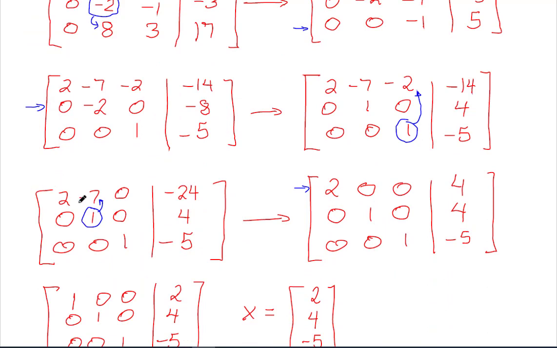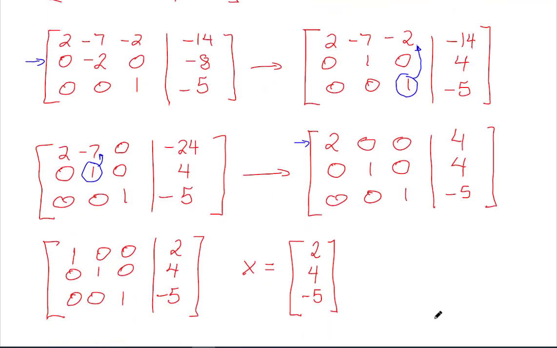And then finally, kind of out of the normal way, but it just seems to work to avoid making fractions, I then use this 1 to make a 0. And then finally, in the very end, I can divide everything by 2. And I get that x is 2, 4, and minus 5. The same solution we got previously.